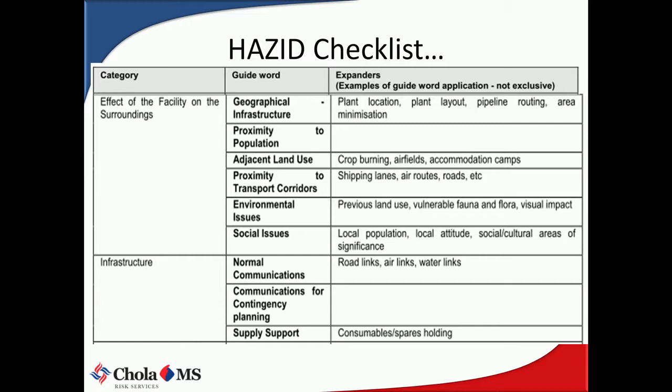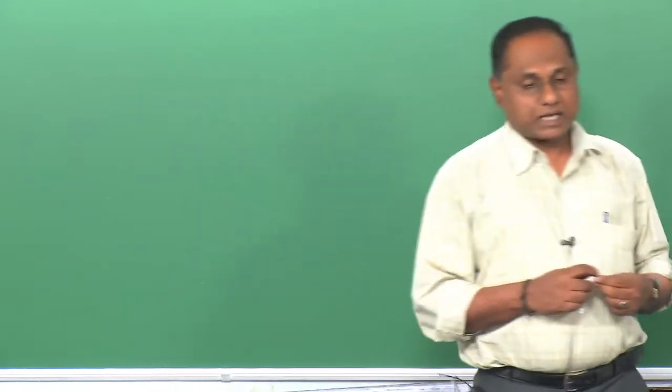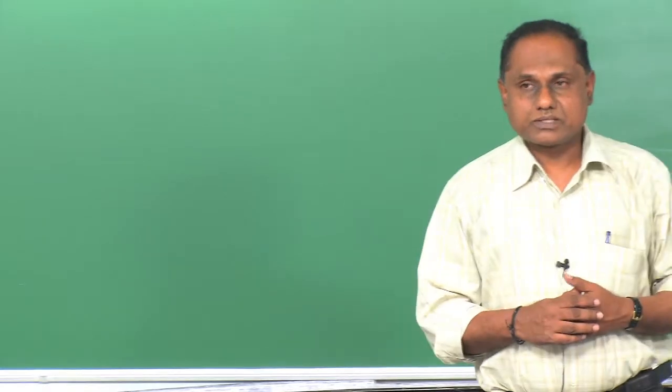Are they properly designed, or are they checked on this? So we need to see the geographical infrastructure, then proximity to population, adjacent land use, environmental issues. Like in Orissa, some of the steel companies are not getting licensed due to environmental issues because of forest degradation. Have they already taken the MOEF approvals?